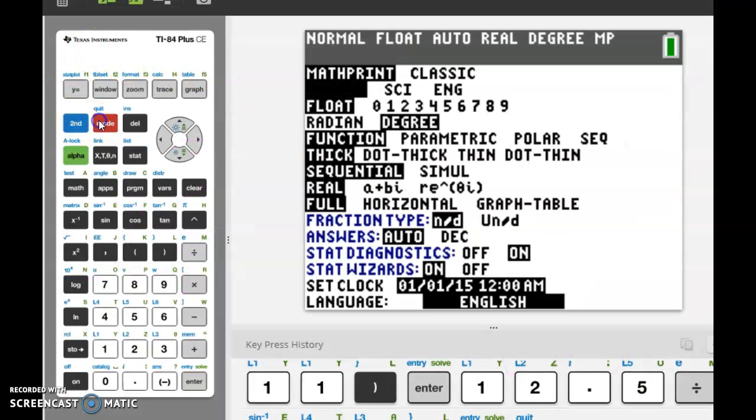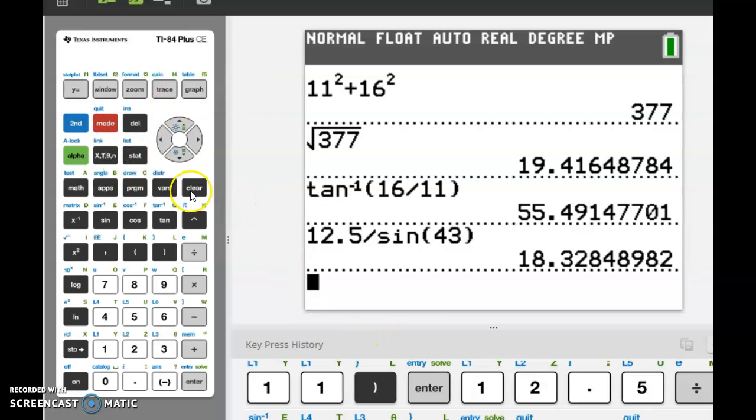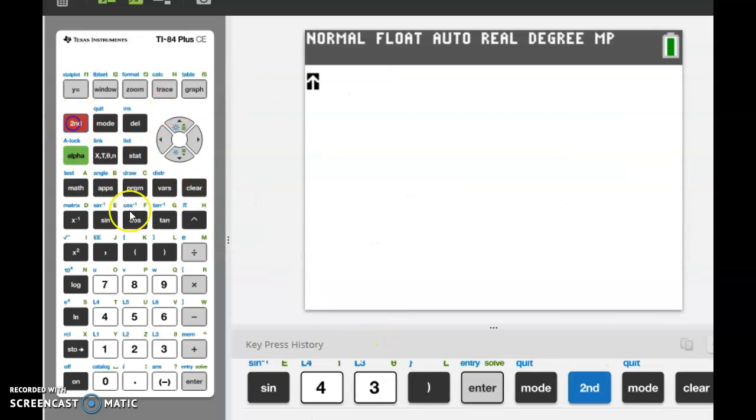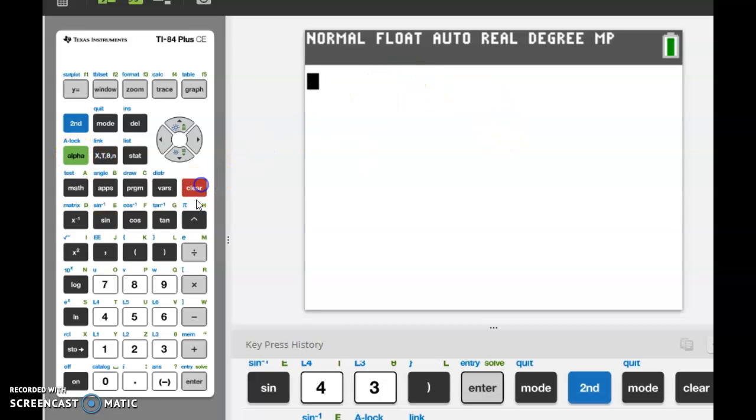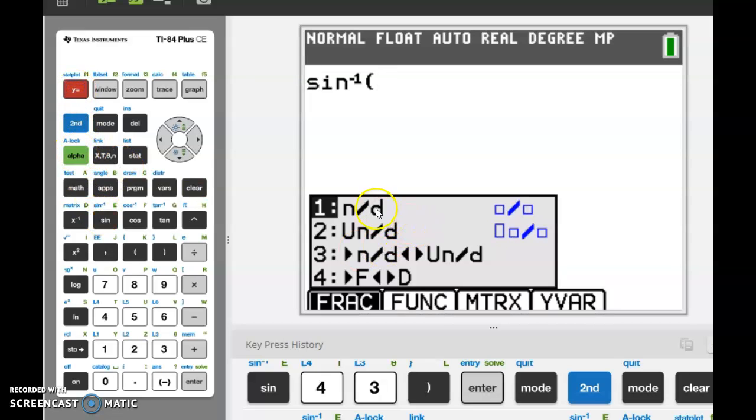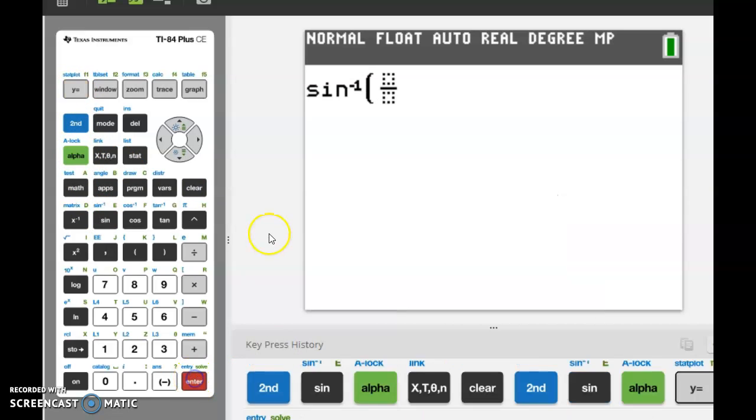Again, make sure you're in the right mode. I haven't changed the mode because I've been teaching this unit all in conjunction. So make sure you do that. Inverse sine, my calculator, if you just hit alpha x, it makes a fraction. Some other calculators, I don't know if you know this, you might have to hit alpha y equals, and then you can make the fraction.